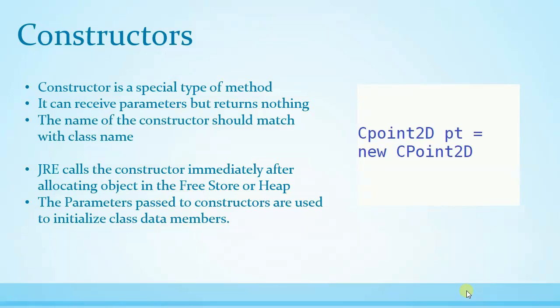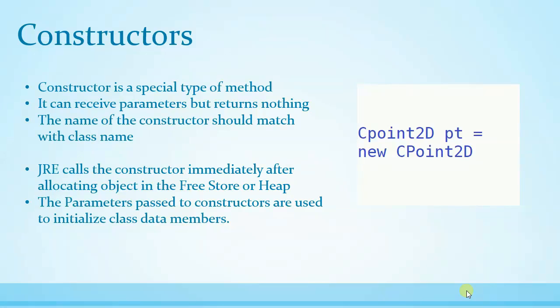The parameters passed to the constructor are used to initialize the class members. Since the constructor is a special kind of member function, developers usually place code which will initialize its internal members. So here in this example, since it is C2D, we will initialize the members inside the function.